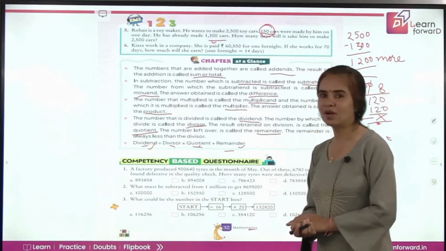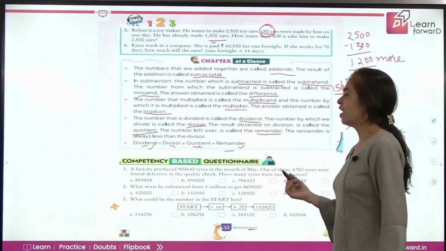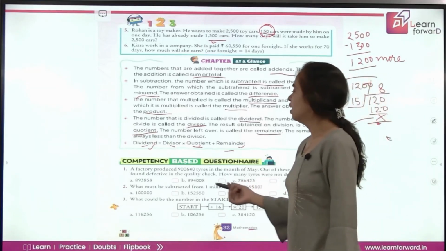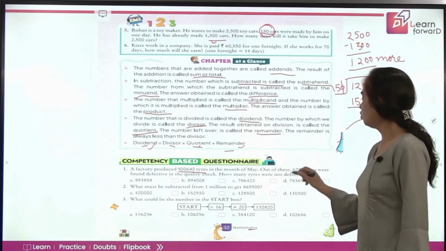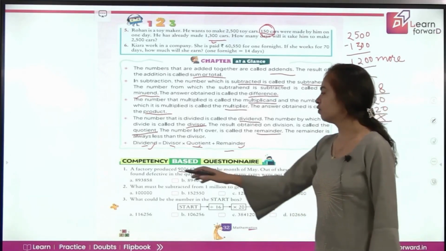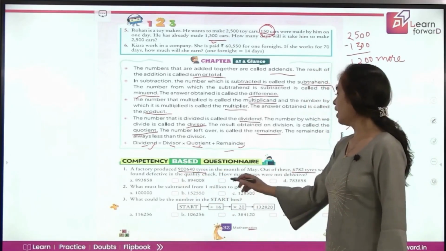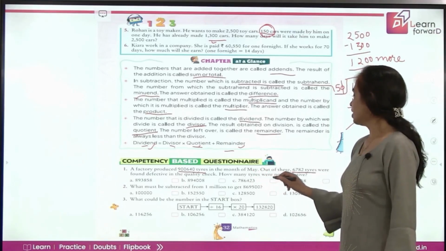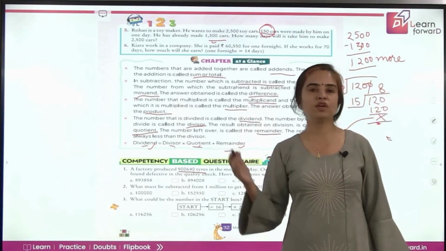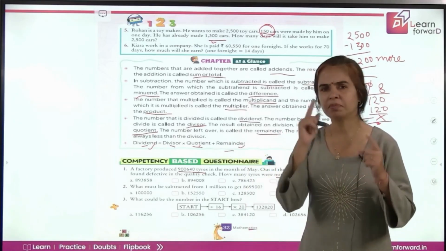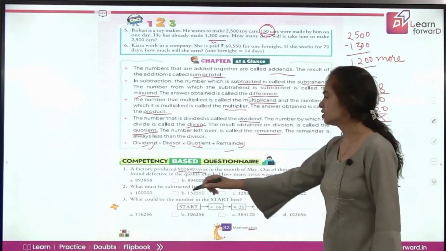Fine? Interesting? Here we have competency based questions for you. A factory produced these many tires in the month of May. Out of these many tires were found defective, and how many tires were not defective? That means how many were good ones. What will you do here? Go subtract and get your answer yourself.